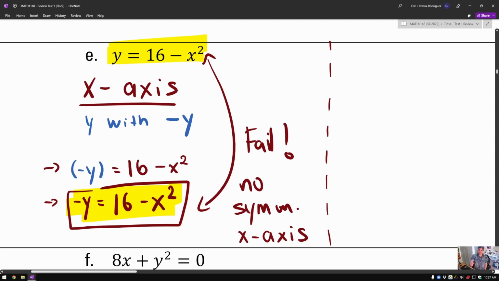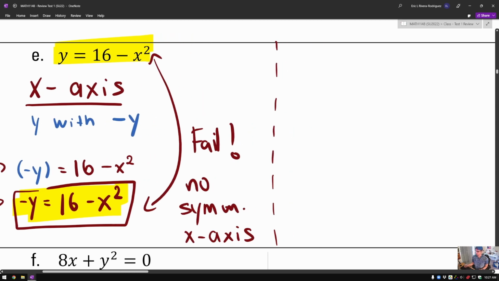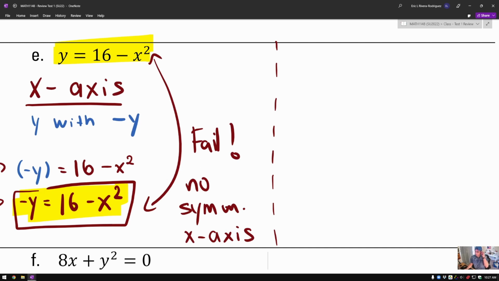And that is the rule of a function. A function says that we cannot have two outputs for the same input, two y values for the same x value. Okay? One plus one cannot equal 1 and 2, correct?